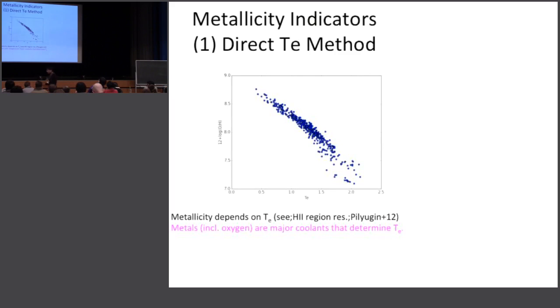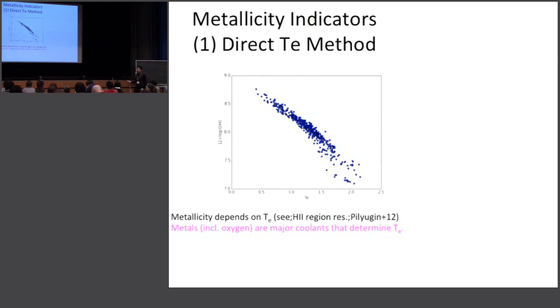Actually, the direct temperature method is, of course, a very good indicator of the metallicity. This shows the galactic H2 regions' metallicity as a function of the electron temperature in units of 10,000 K. As you can see, there's a very tight correlation between the metallicity and the electron temperature.